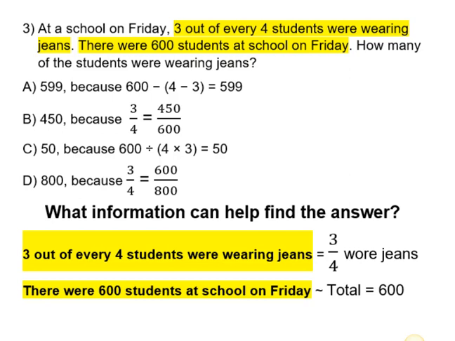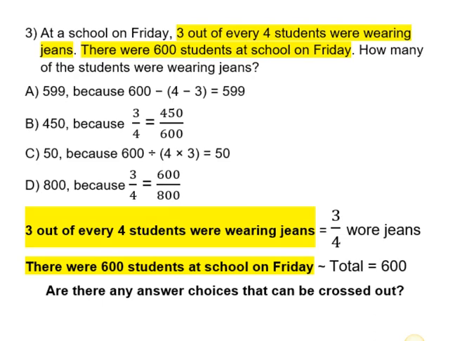So my ratio is 3 over 4 wore jeans. Also, there were 600 students at school on Friday. So again, 3 out of every 4 students were wearing jeans, and there were 600 students at school on Friday.